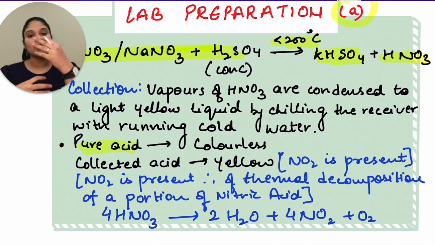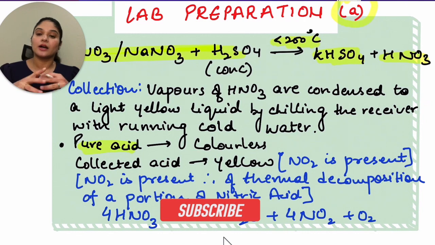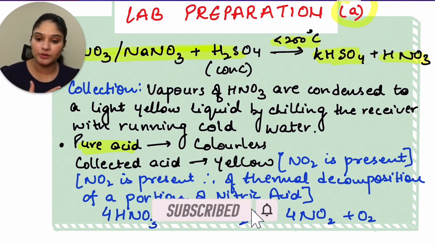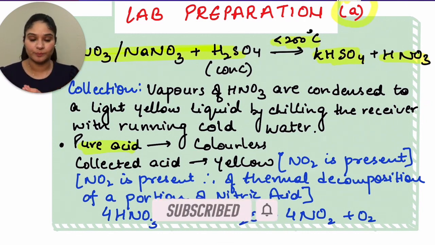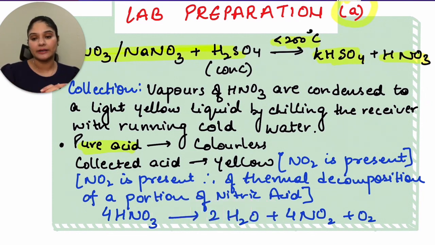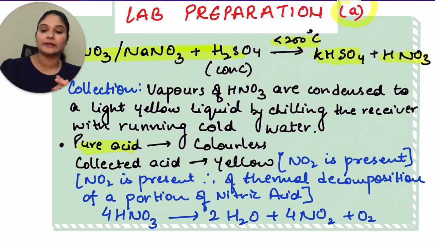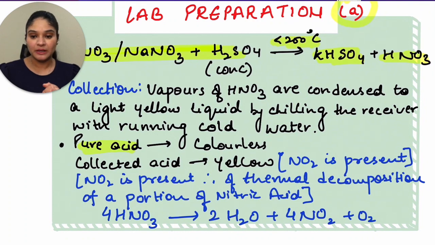As the vapors of nitric acid rise up, because you are continuously providing heat, some of the nitric acid undergoes thermal decomposition and gives out NO2, and that NO2 gets combined with the actual acid that is being collected. So the vapors of nitric acid combined with NO2 vapors get collected in the receiving beaker. That is the reason we have NO2 present in the beaker with HNO3.